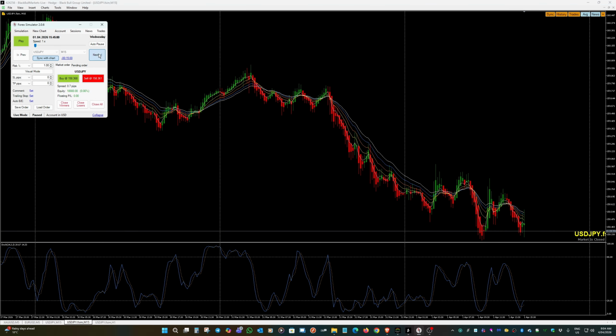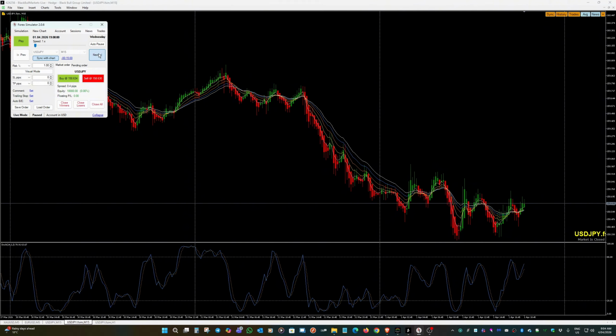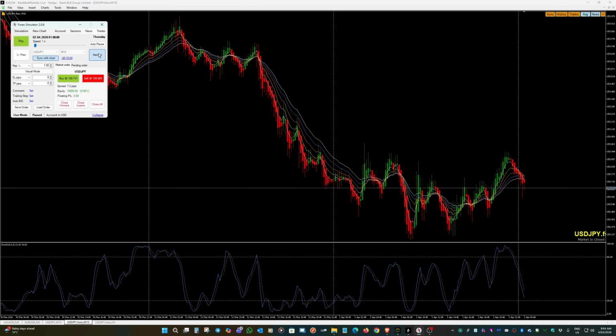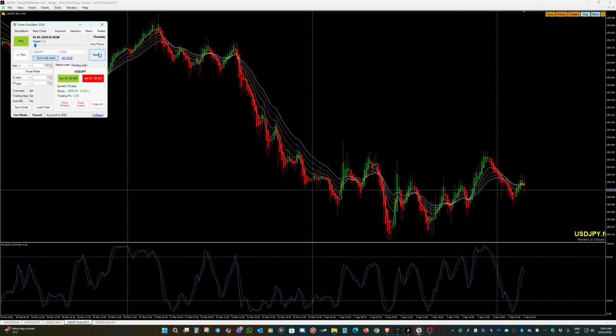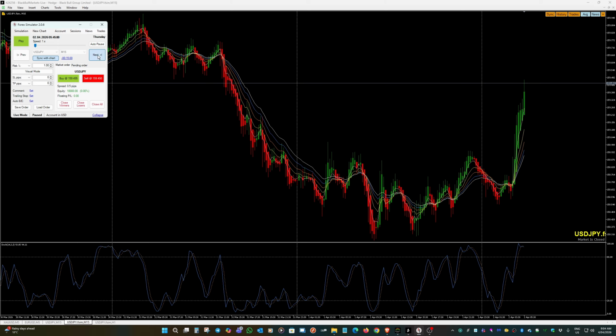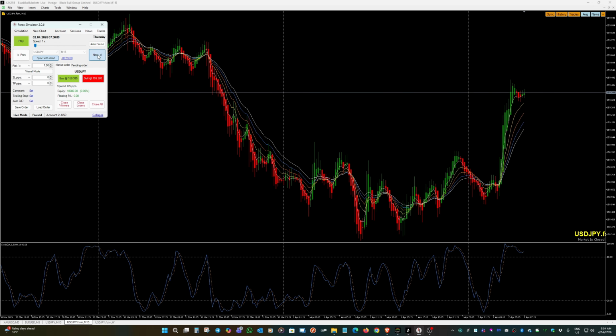Let's have a look for some more setups. It looks like here we're starting to change direction and going up again, looking for long trades. Let's just see if we actually get some setups here. We did have a long trade here, but it's not really an ideal setup, so let's look at one.